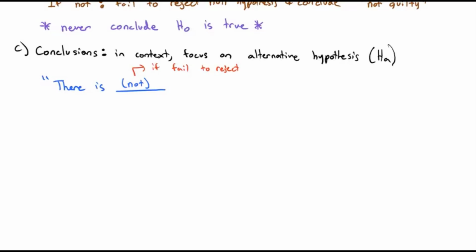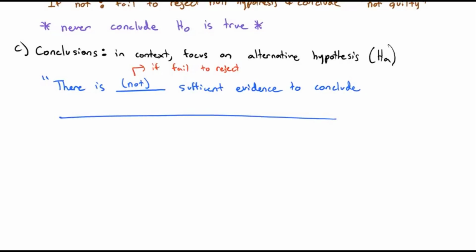So there is or there is not sufficient evidence to conclude whatever we can conclude. The conclusion, though, is always going to be the alternative hypothesis in context to the problem.